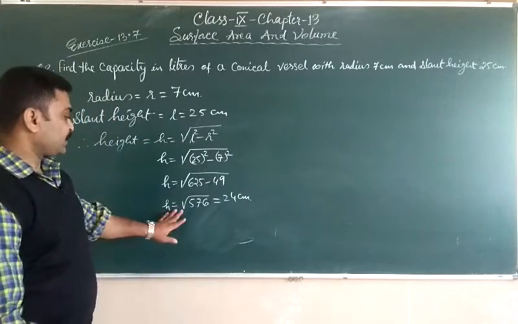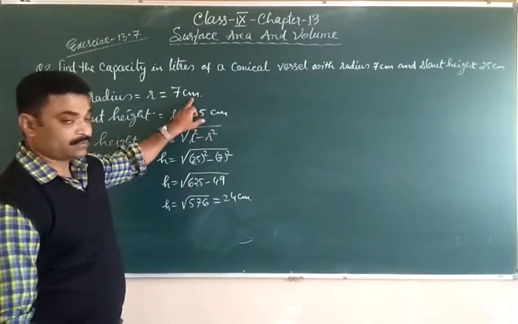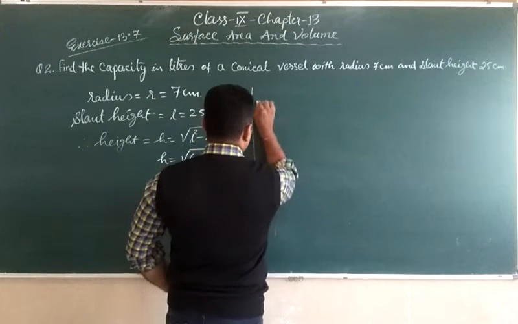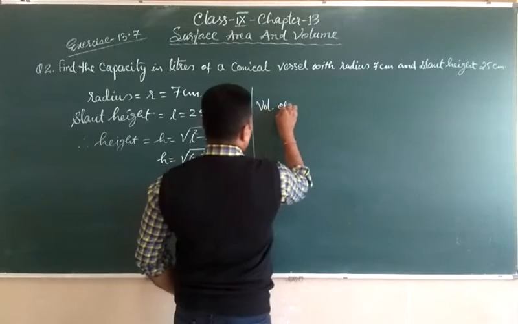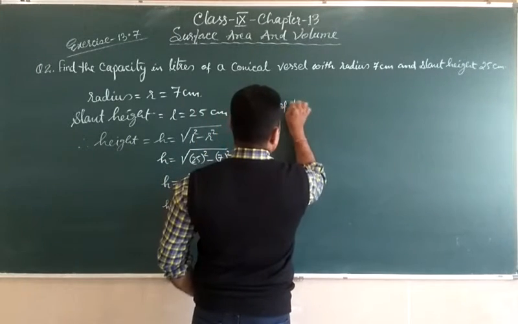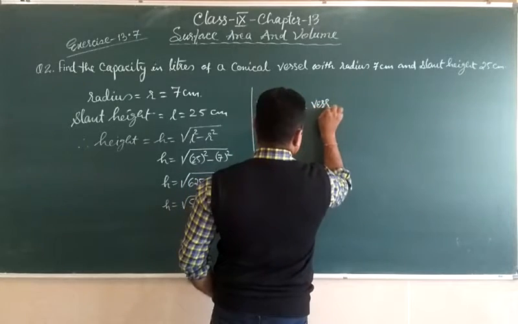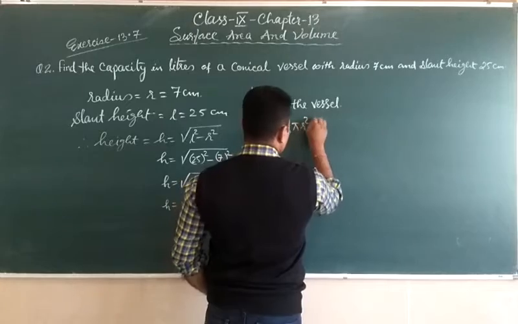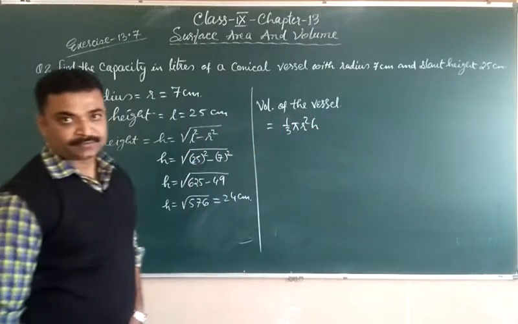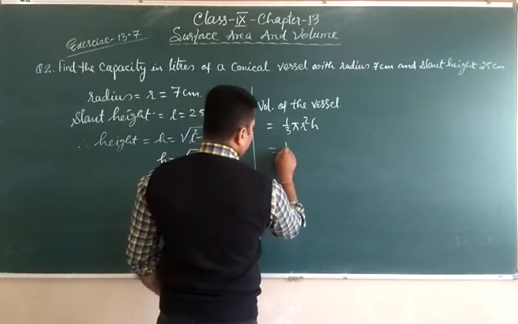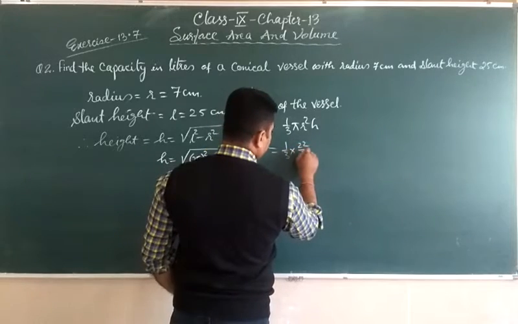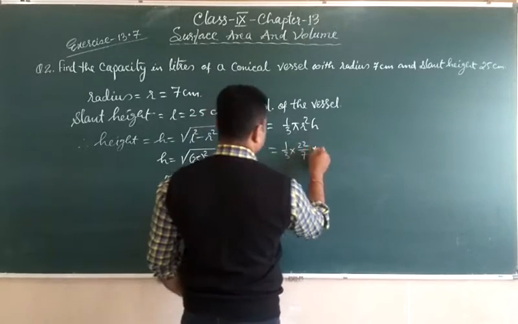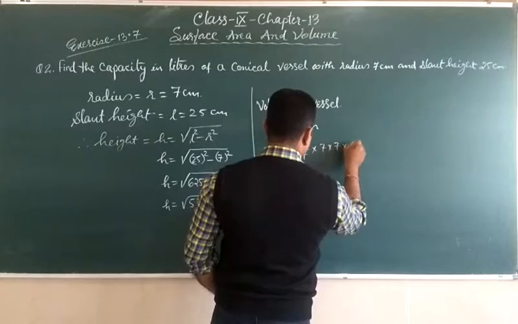Now we are having h and r. So volume of the vessel is equal to 1 upon 3 pi r square h. Clear? So 1 upon 3 into pi, that is 22 upon 7, into r square, that is 7 into 7, into h, that is 24.